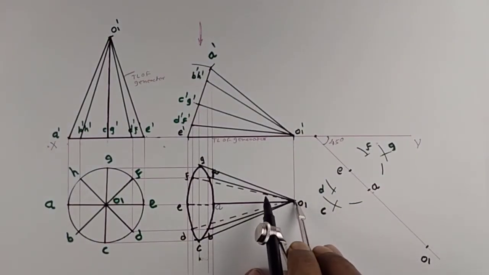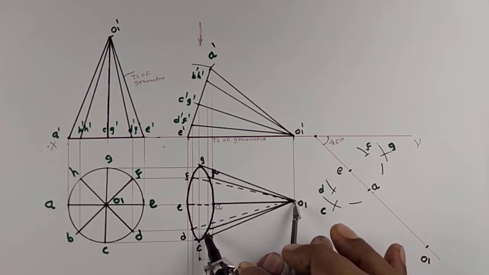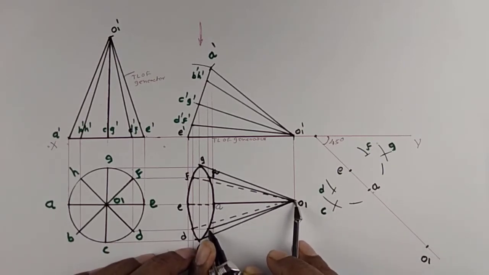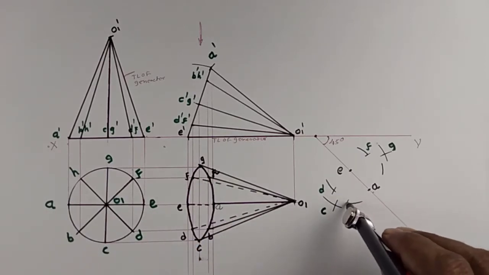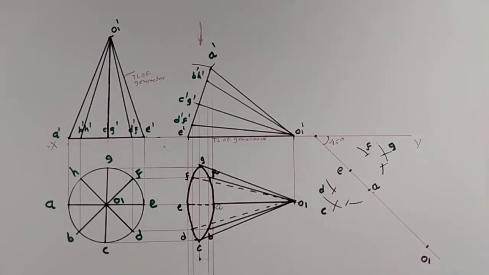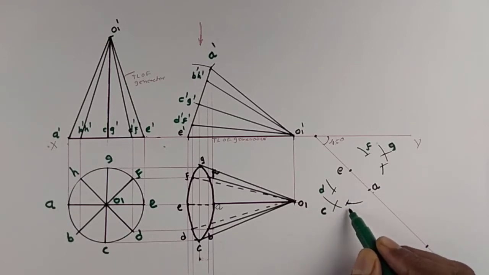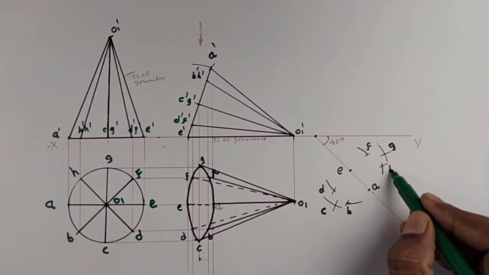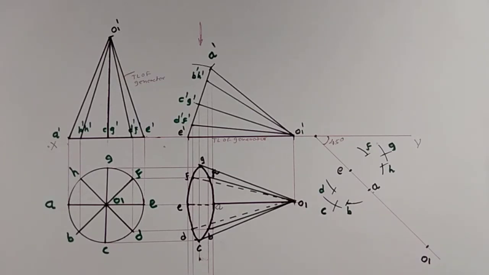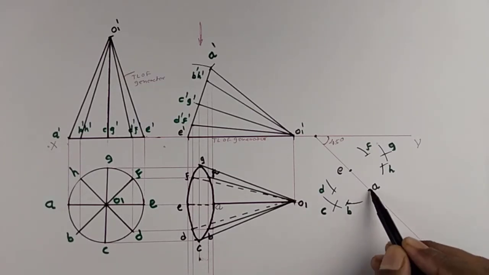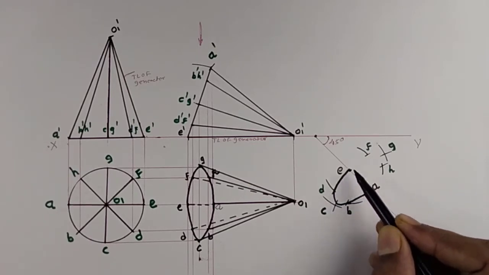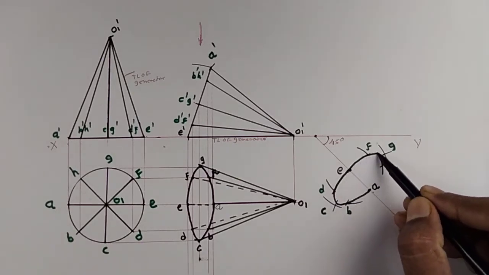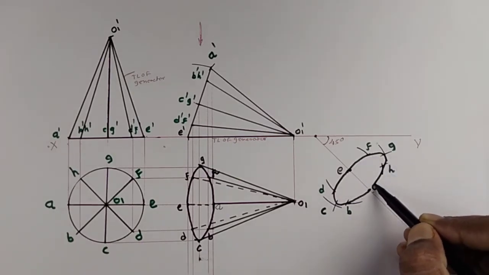Similarly keeping the same reference, O1 to B and H. So this is your B point, it is your H point. Now sequentially join all the points with smooth curves: A, B, C, D, E, F, G, H, A.